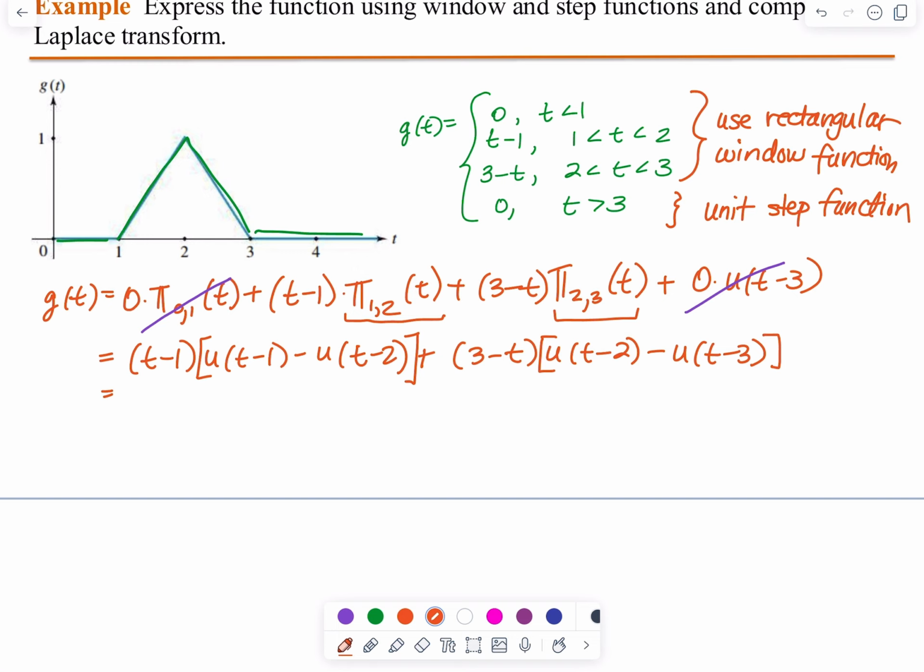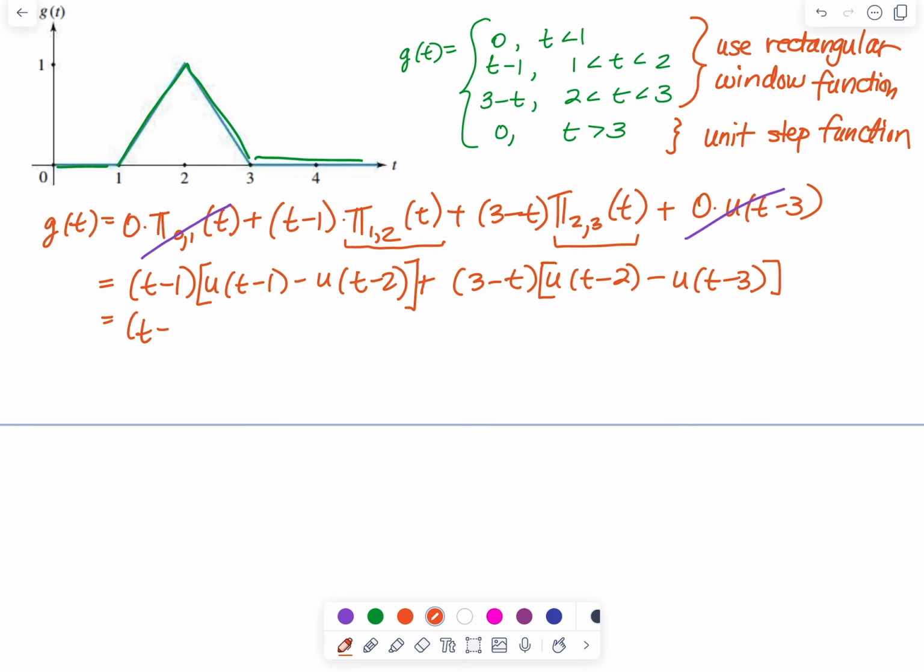So now we have t minus 1 multiplied by u of t minus 1 plus, and we will gather up our t minus 2's here. So we have u of t minus 2 and u of t minus 2. And that will give us 4 minus 2t multiplied by u of t minus 2, plus we have our t minus 3 multiplied by u of t minus 3. And how many of these u of t minus 2's do we have right there?